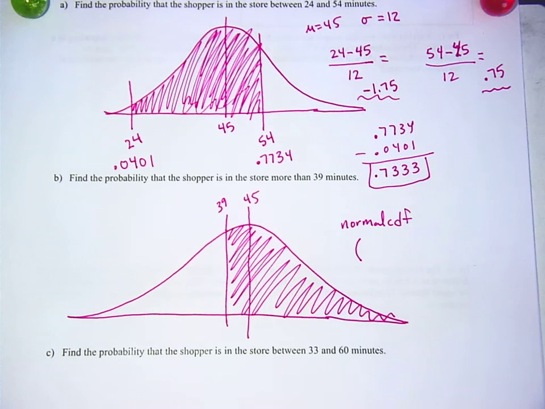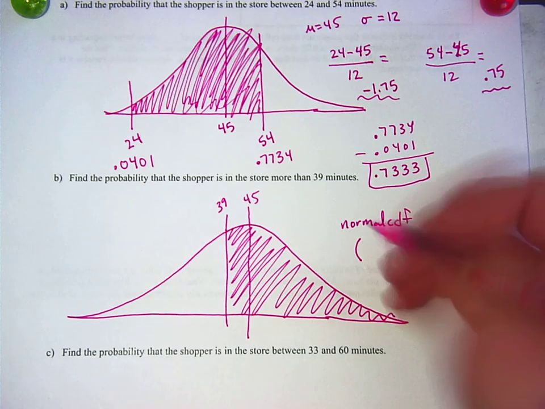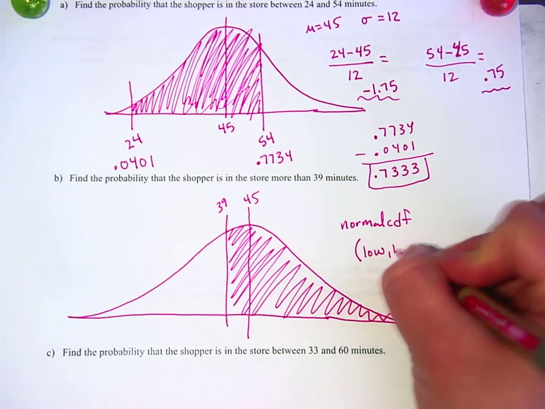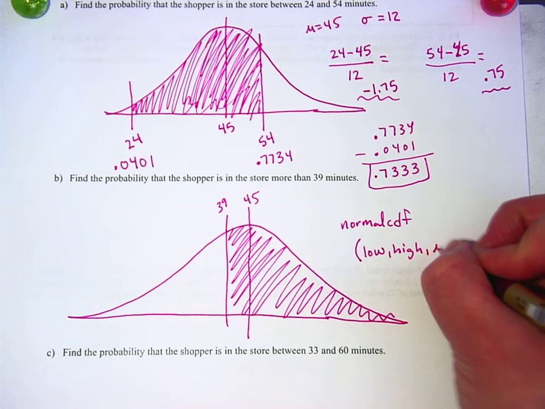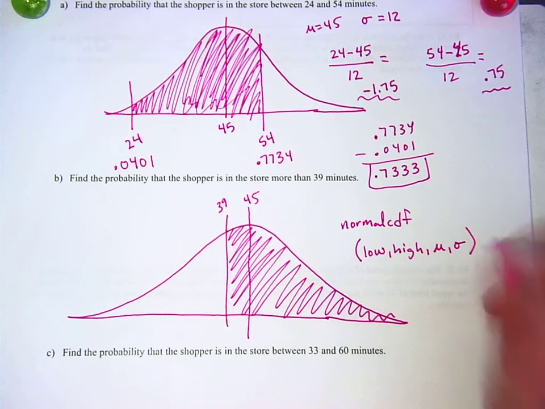Yeah. So you're going to first use the low number, so it's going to be low, high, and then you're going to use your mean and your standard deviation.